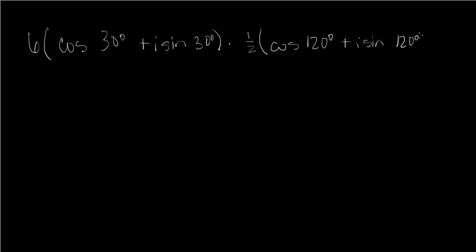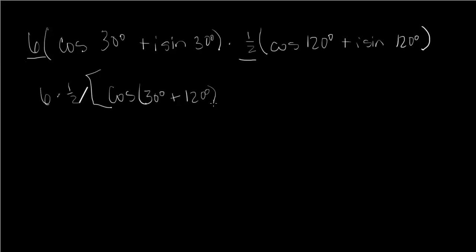How am I going to do that? Well, I'm going to multiply my r values first. So I have 6 times 1/2 times the cosine of theta 1, which is 30, plus theta 2, which is 120, plus i sine theta 1 plus theta 2. So 6 times 1/2 is 3.